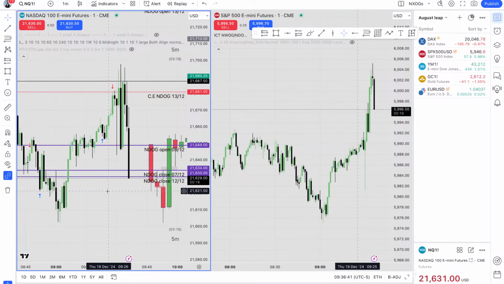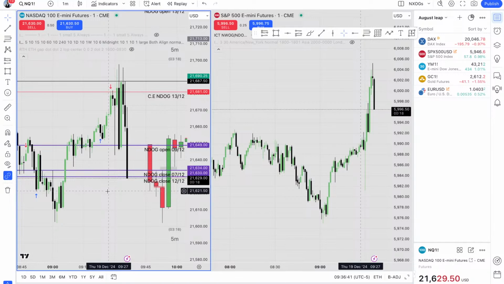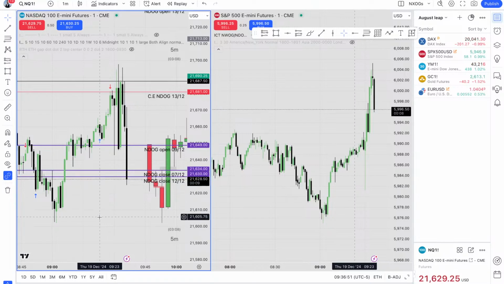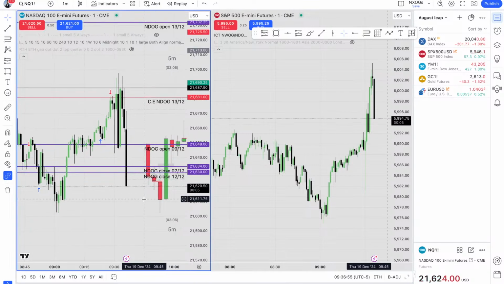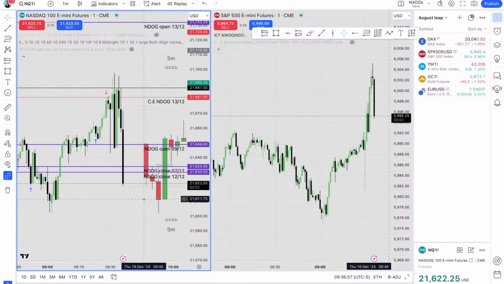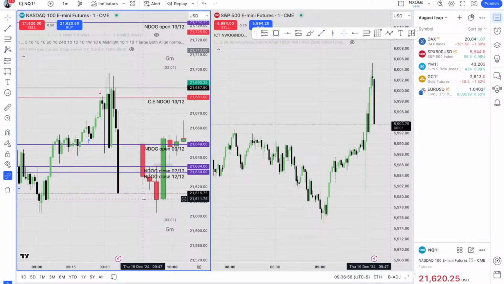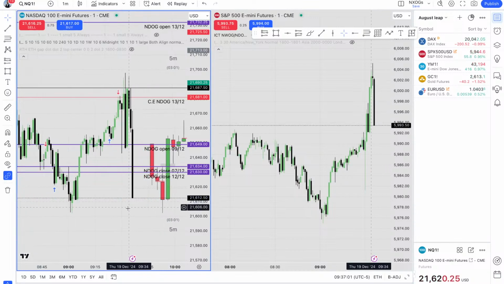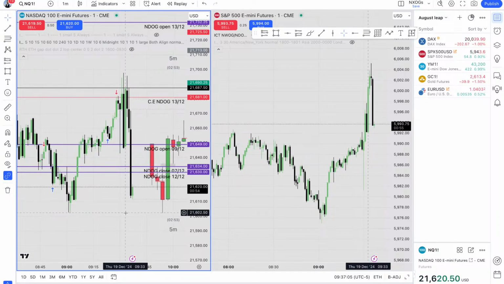Okay, that's a nice displacement. That's a very nice displacement. If it takes this low, I'm not interested anymore to go short.